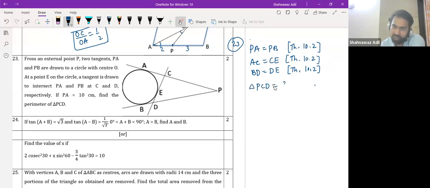Please find it out. You have all the information. And PA is also given. So PA is how much? 10 centimeters.